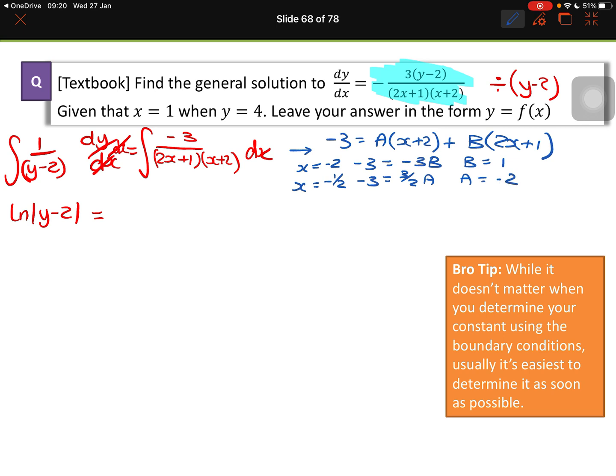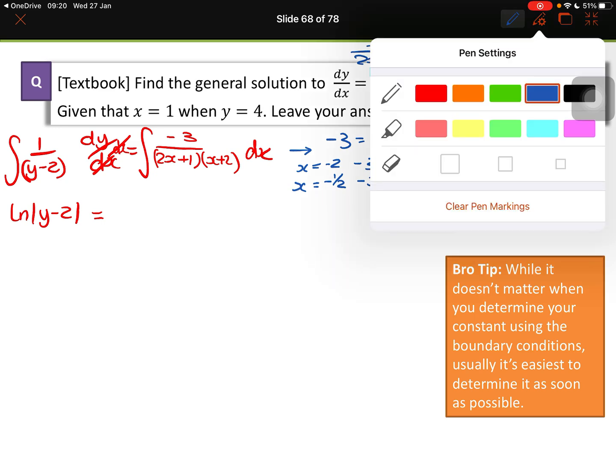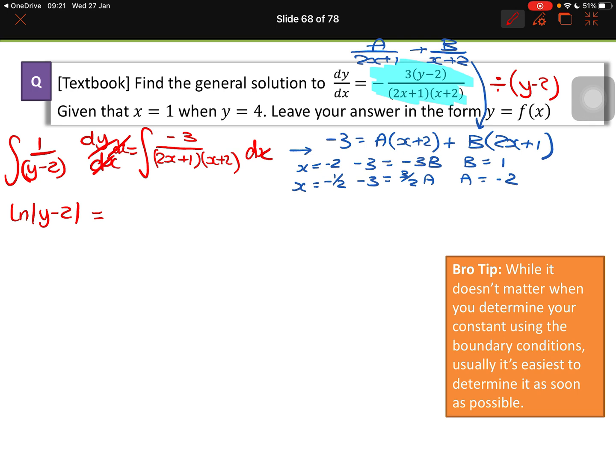Okay. What I am hoping you've put in above is the fact that what we've actually got is a over 2x plus 1 plus b over x plus 2. That would have been a better line to write in, and then we go down to this. So we can then put a and b back in, and that's what we're going to integrate.